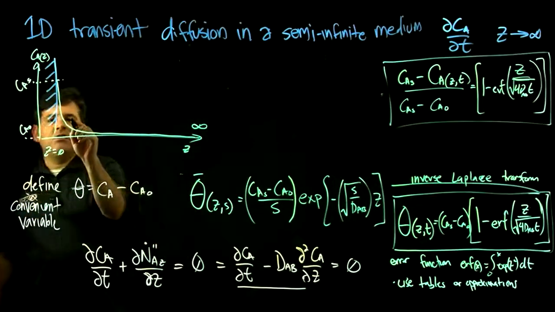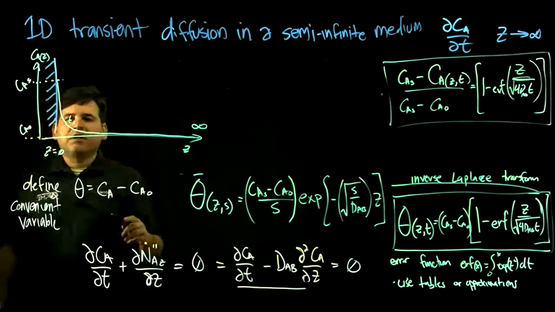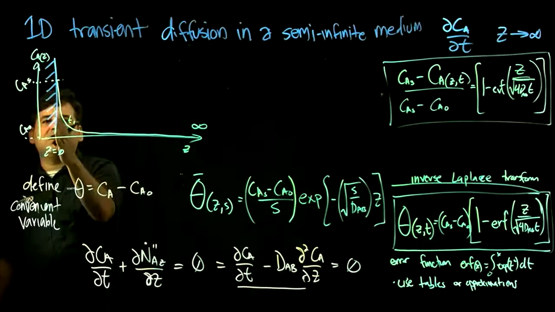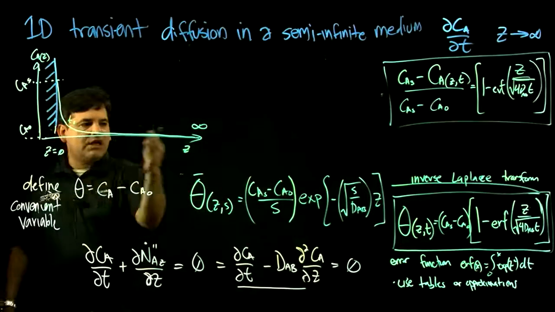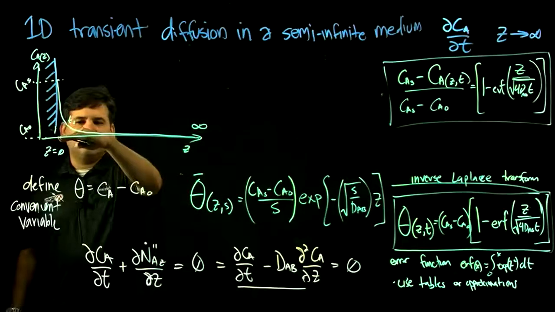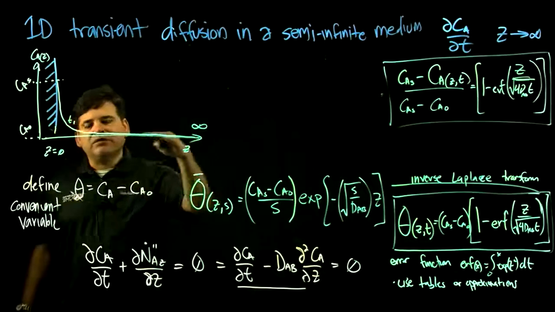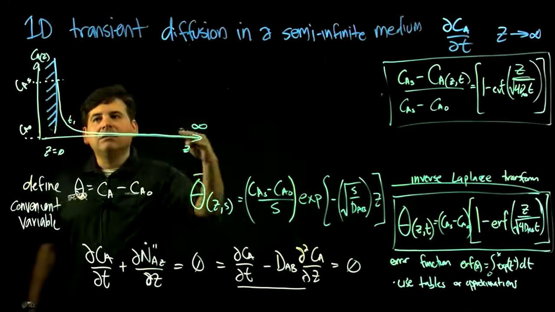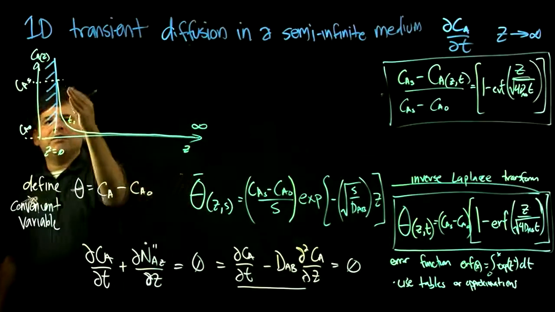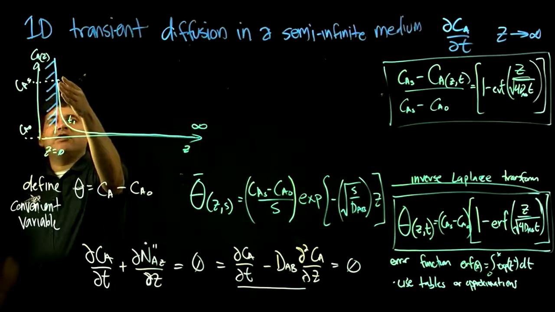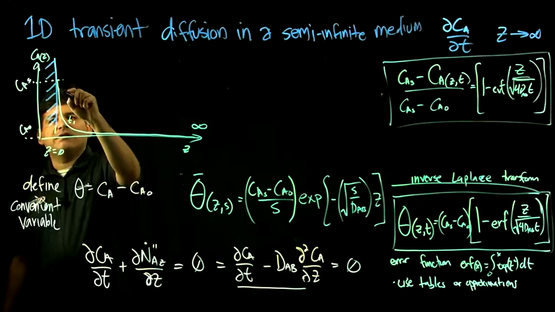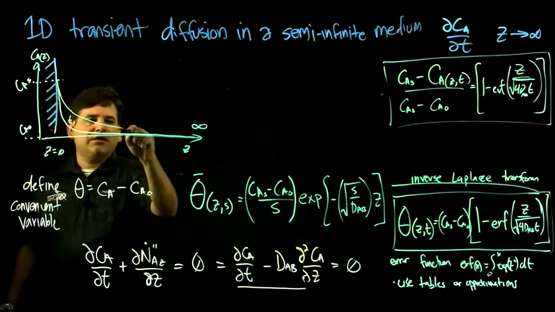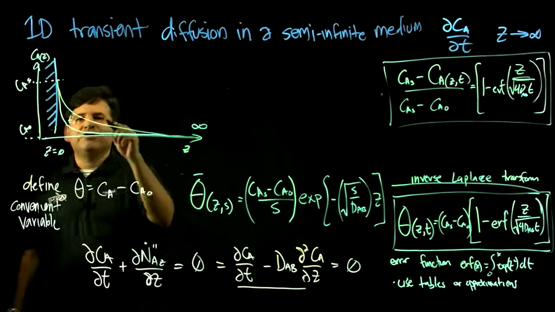Let's call this T1. At 0, this is the CA surface concentration here, and then everywhere else it's flat. It's this far stream concentration before time starts. Then when we allow time to go, it's going to penetrate slightly to this level here, and then over time it's going to penetrate a little bit more like this, but still approach this free stream level.